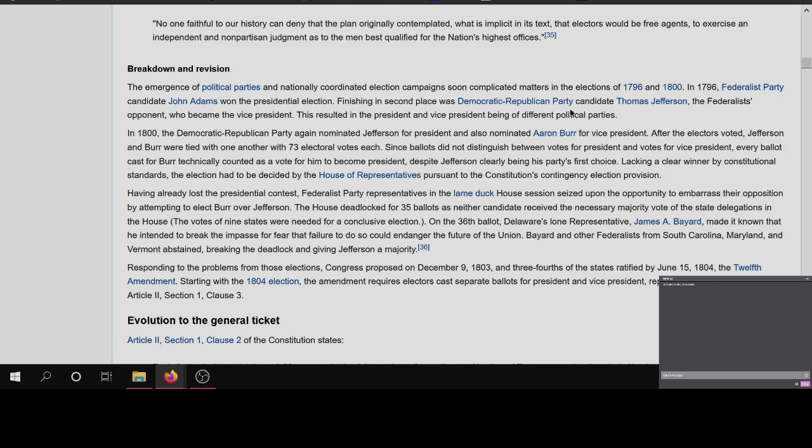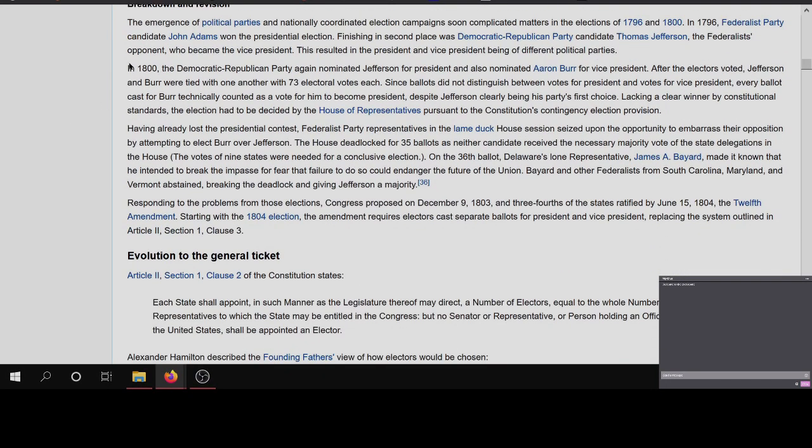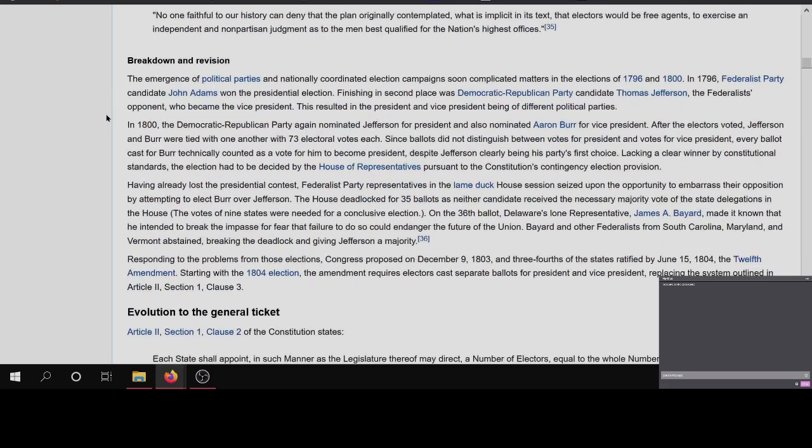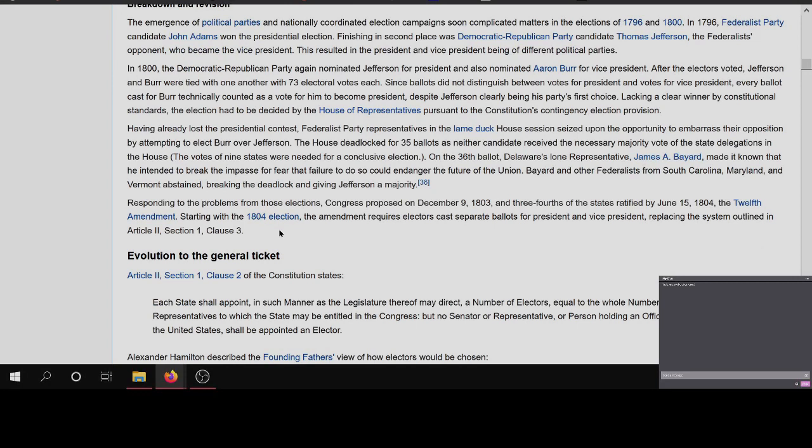Then you have the Democratic Republican Party, Thomas Jefferson, the Federalist opponent, who became the vice president. This resulted in the president and vice president being of different political parties. So, a few decades after the Revolutionary War, this was still part of politics about different parties and different leanings.